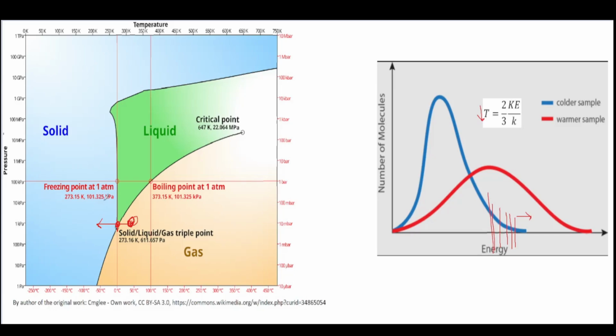And that's how you end up being able to freeze water without really removing heat. You're just removing the most energetic molecules first, which shifts your average kinetic energy, which in turn shifts your temperature down. Eventually you cross the freezing point and the water crystallizes and solidifies. So that's exactly what we're seeing in the vacuum chamber.